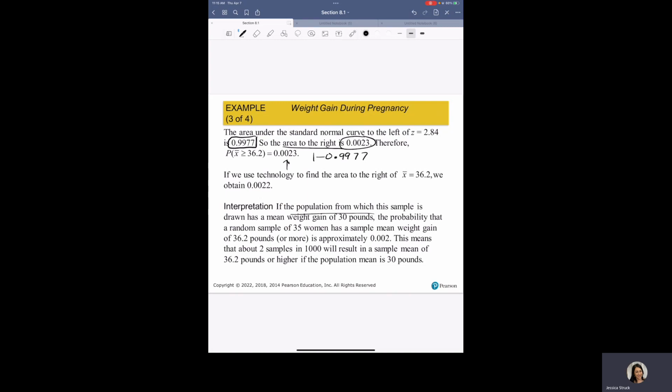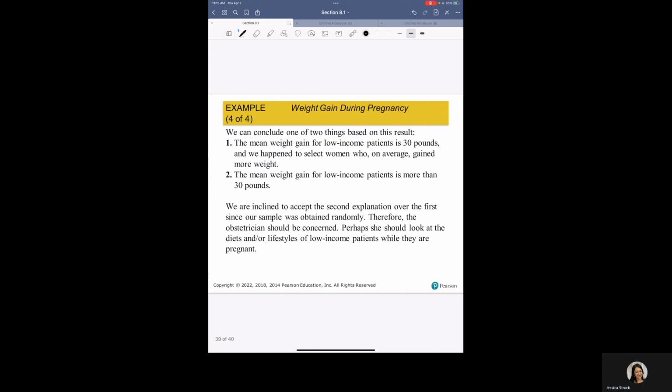So if the population from which the sample is drawn has a mean weight of 30 pounds, the probability that a random sample of 35 women has a sample mean weight gain of 36.2 pounds or more is 0.002, which means that about 2 samples in 1,000 would result in a sample mean of 36.2 pounds or higher if the population mean is 30 pounds.